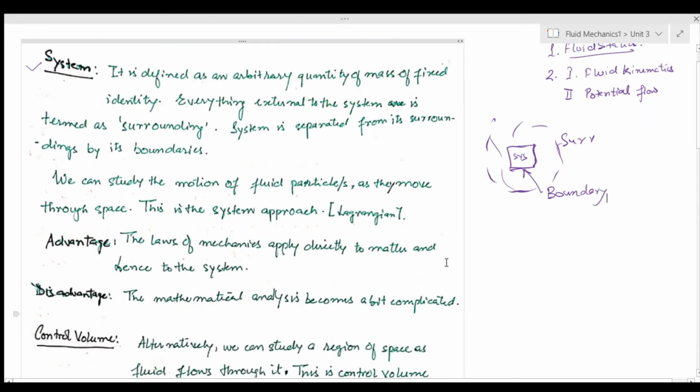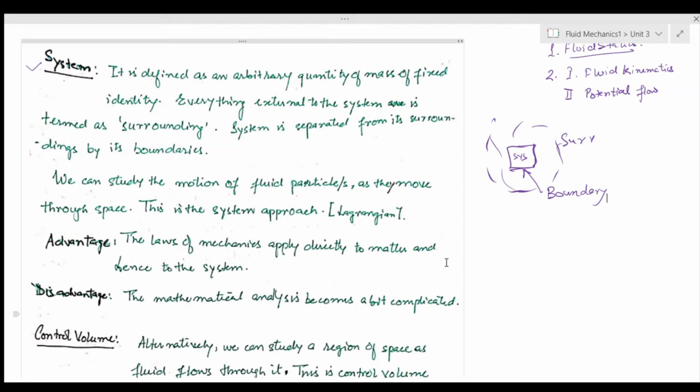Now we can study the motion of fluid particles as they move through this space. This is the system approach or the Lagrangian approach. This is one approach. What are the advantages of this kind of approach, the Lagrangian approach? That the laws of mechanics apply directly to matter and hence to the system. What are the disadvantages of this approach?